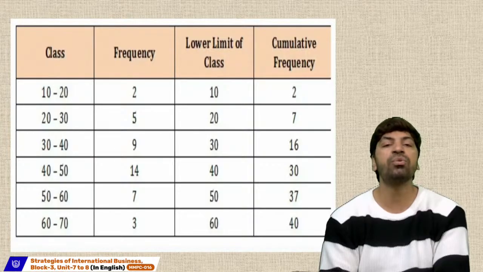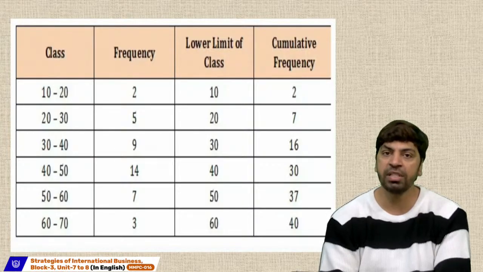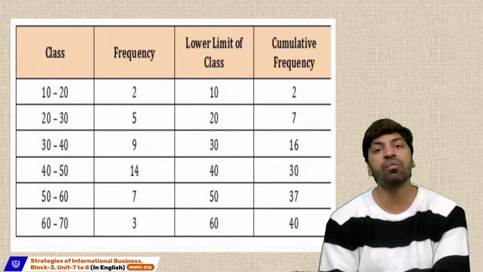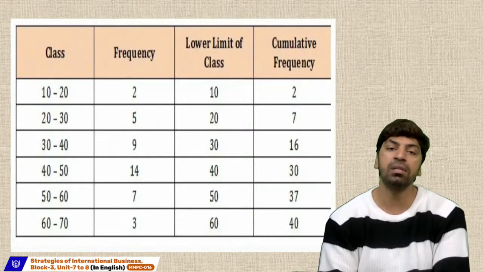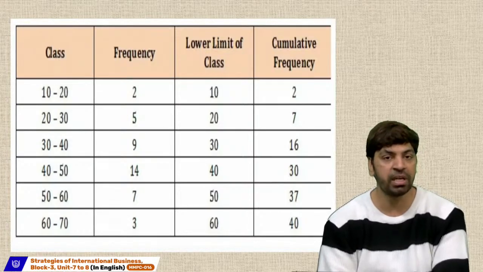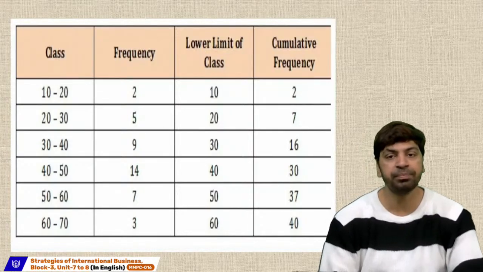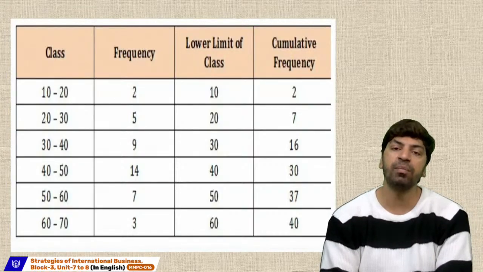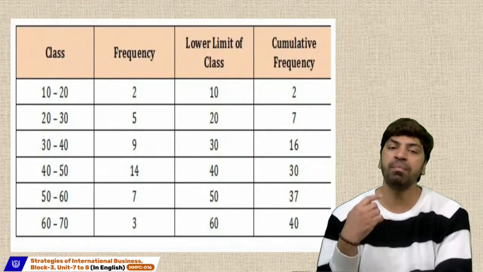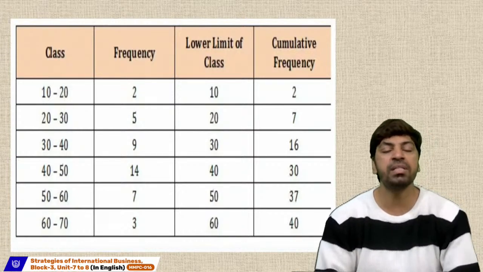That means the total frequency is 40, and the cumulative frequency at the end should also be 40, or should be equal. And that is exactly called the less than cumulative frequency table.